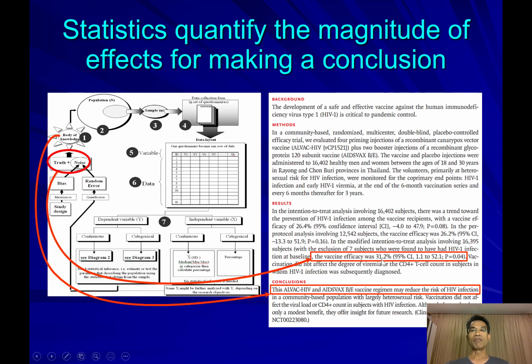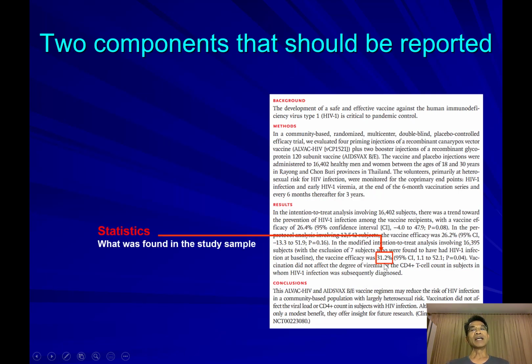So it quantifies the magnitude of effect for making the conclusions here. When you read the paper, you need to know where the main finding and the main conclusions are, and see if you believe it. So that's for judgment.